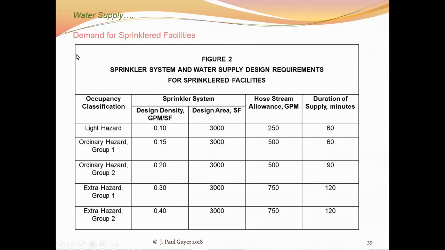And this system, again, has been used for decades and decades and decades, and has been proven to be quite practicable. So you've got the occupancy classification, whatever it might be called, in the column on the left, ranging from the light hazard occupancies at the top down to the most hazardous.